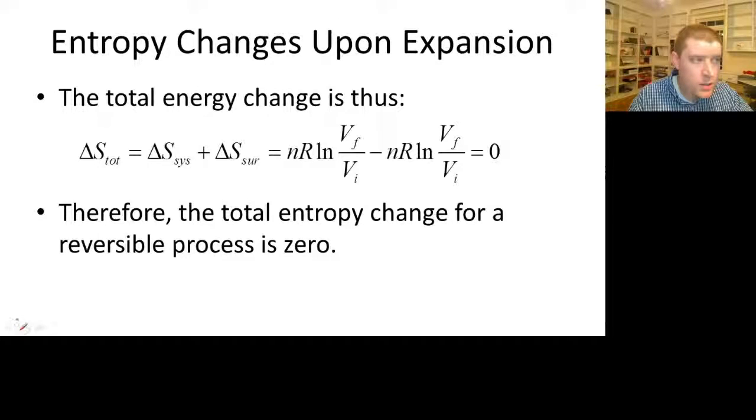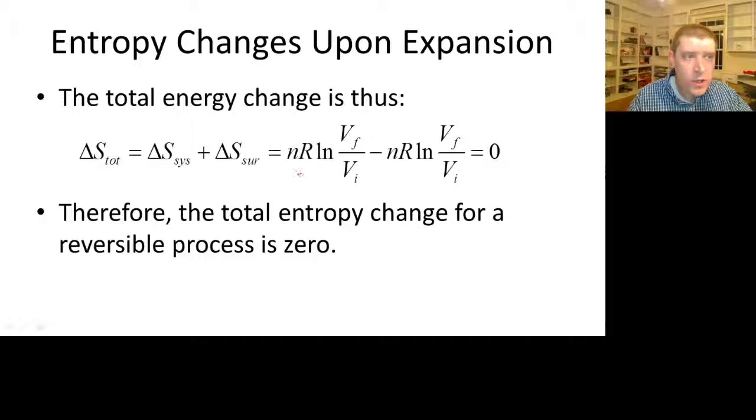And so the total entropy change, delta S total, is equal to the entropy change for the system, delta S sys, plus the entropy change for the surroundings, delta S surroundings.